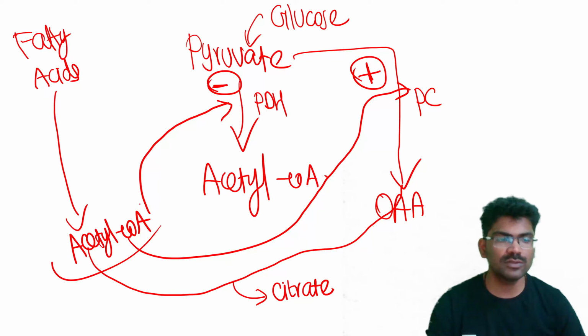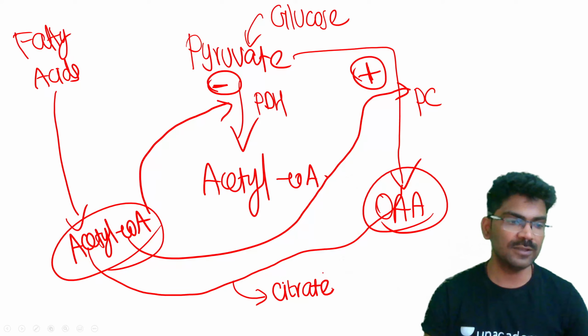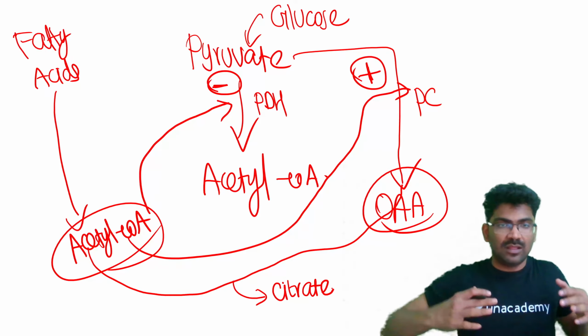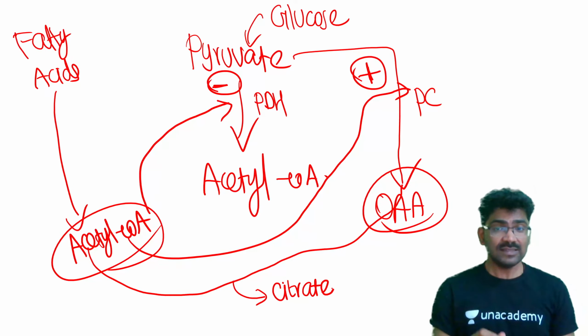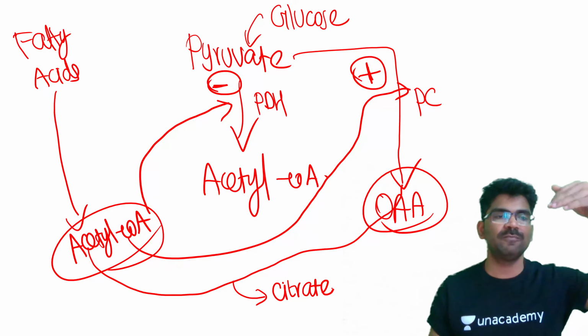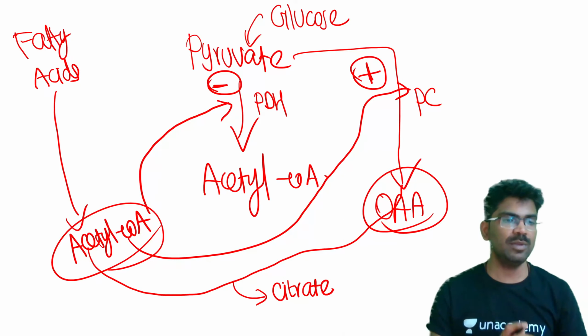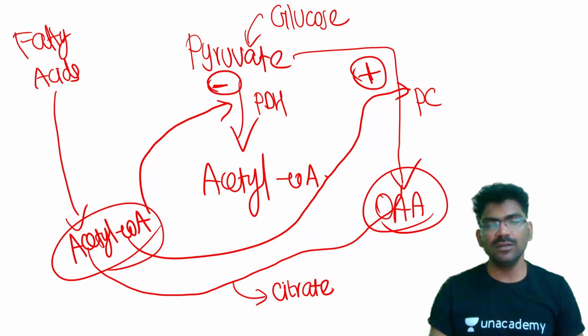Acetyl CoA to oxaloacetate to citrate is the first step of the TCA cycle. Oxidation of acetyl CoA in the TCA cycle requires oxaloacetate. So that is why acetyl CoA produced from fatty acid stimulates the carboxylation of pyruvate so that oxaloacetate can be produced. Is this clear?